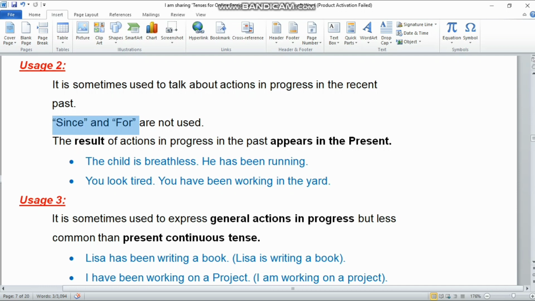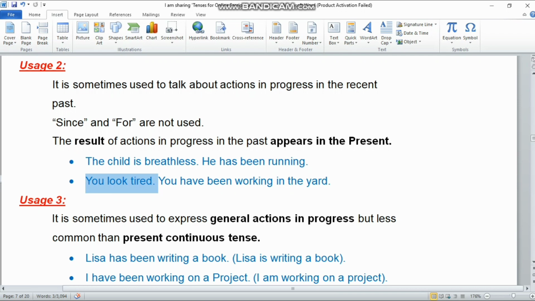Another example is, you look tired. This is the present state of someone. And then we can assume that you have been working in the yard. So working in the yard was in the past, but its result can be seen in the present time as someone appears tired now. I hope it makes sense.